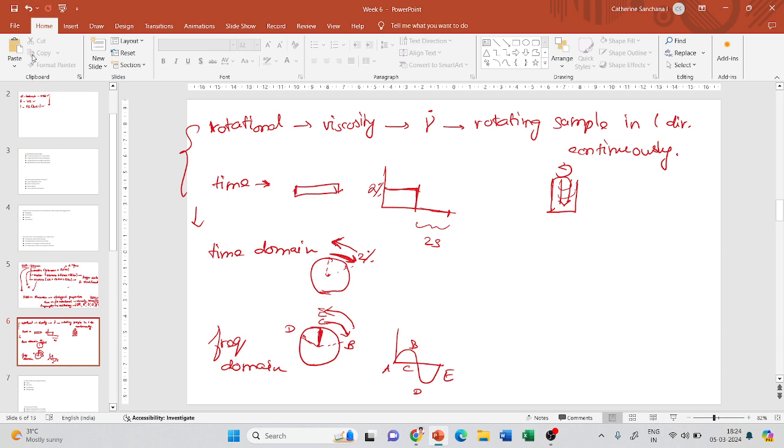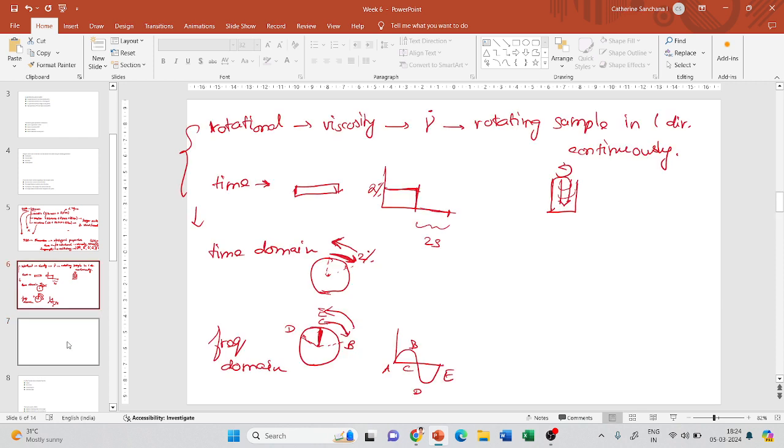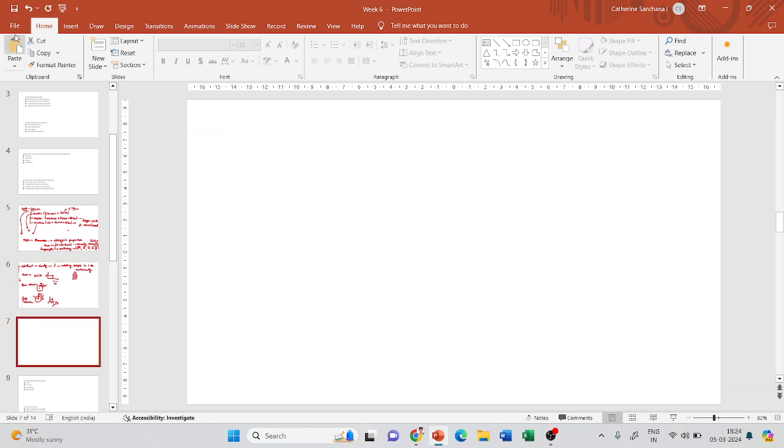Had you gone through Gala sir's lectures, you would have seen that he mentioned three main kinds of geometries that are commonly used in these kinds of tests. One is a quad geometry, or a coaxial cylindrical geometry.